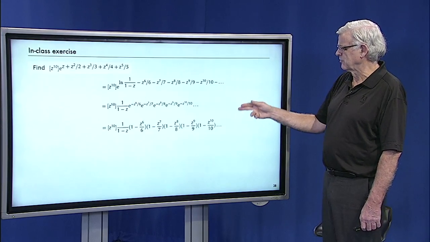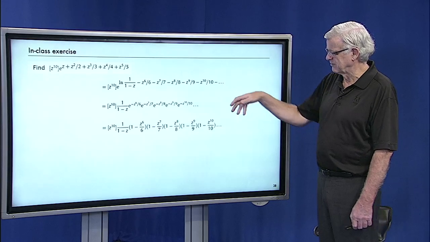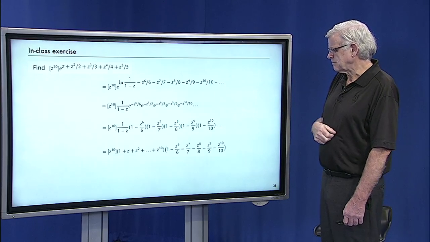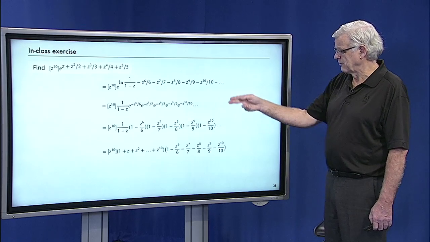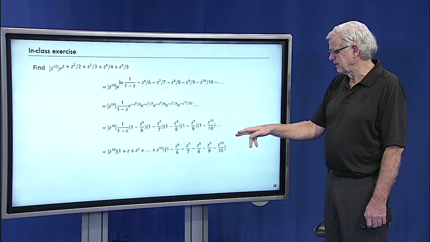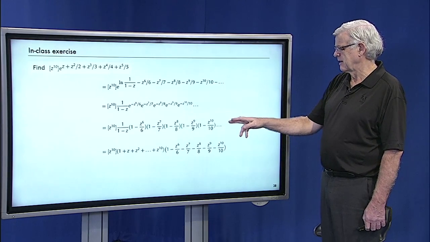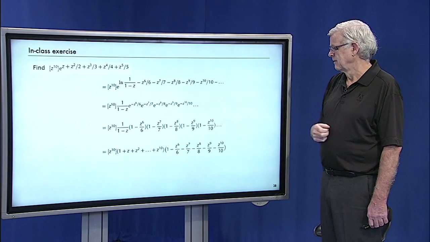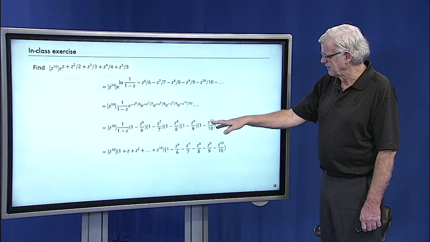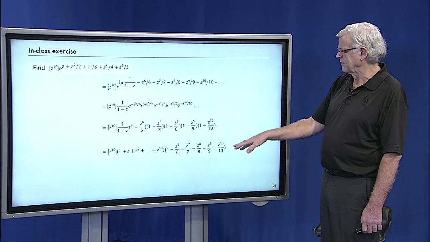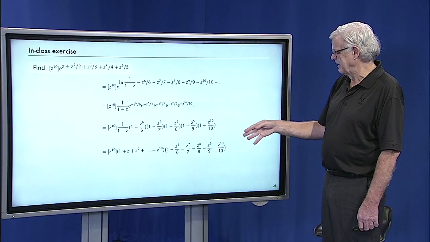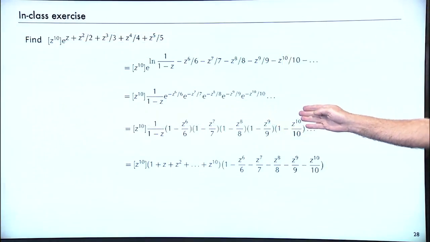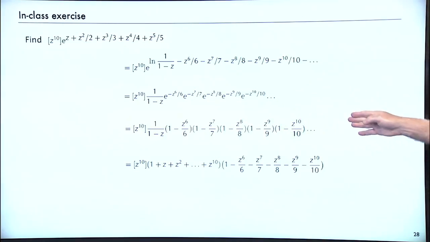So now the exponentials are gone, and we have this list of polynomials. If you do the same thing with the 1 over 1 minus z, then we only need to keep the first 10 terms of that one. And then for each one of these, if you cross multiply, really you only need to keep the one where you picked, like, z to the 8th over 8, and it multiplies by 1 in all the other terms.